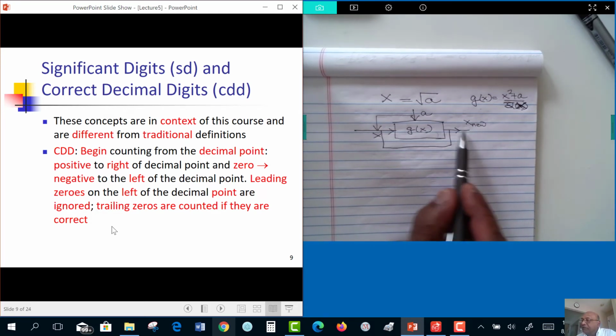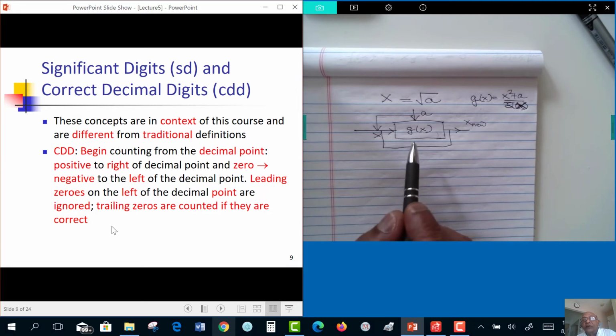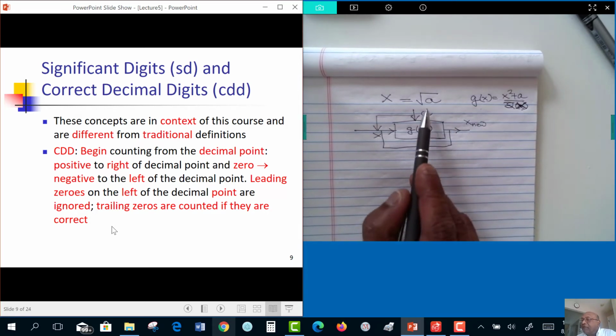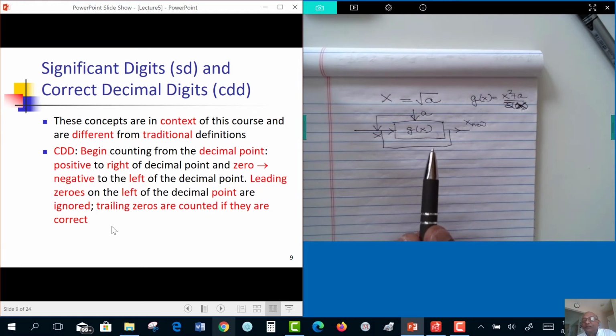So the flashing digits were these x new, and after about 10 iterations or so, it would stop and flash you the square root value.